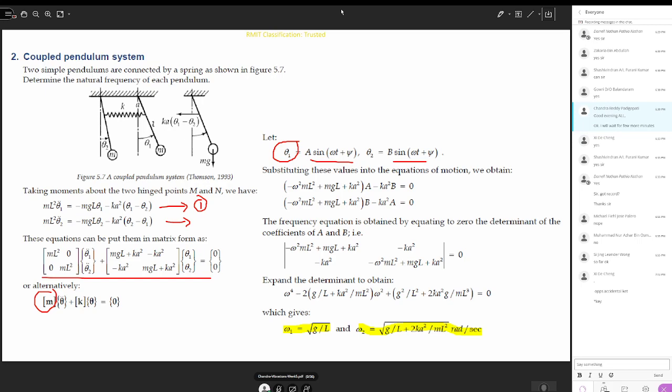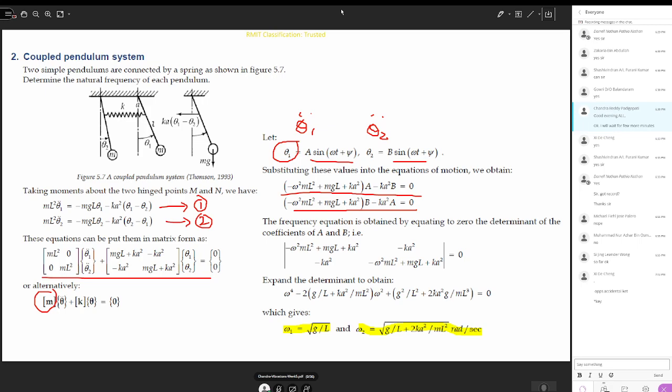So we substitute theta 1 double dot and theta 2 double dot, and the theta 1, theta 2 values, in equation 1. So you end up getting this equation. Then substitute the values in equation 2, and you will get an equation like this.